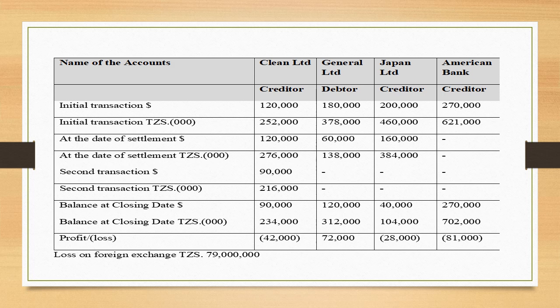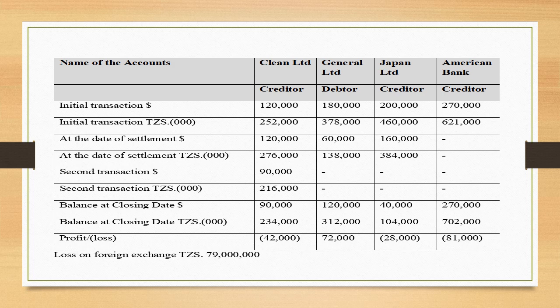The second transaction was 216 million, but now at the closing date, the balance rose to 234. So if you take both transactions, we have a minus of 42 million loss.